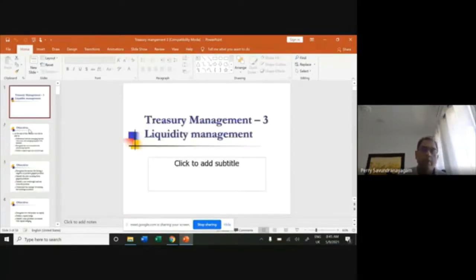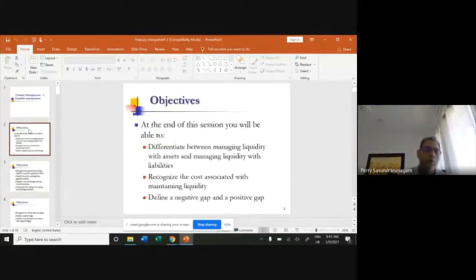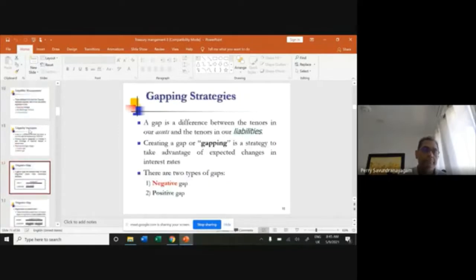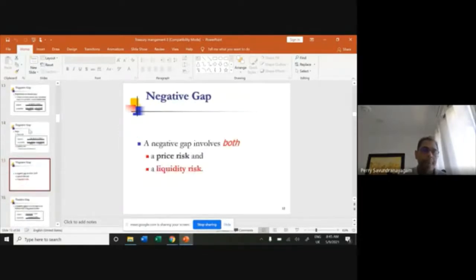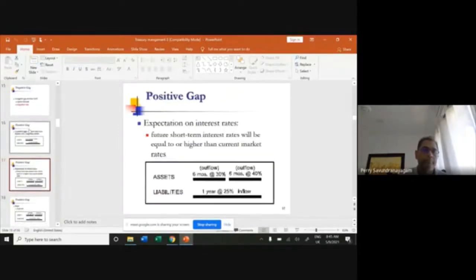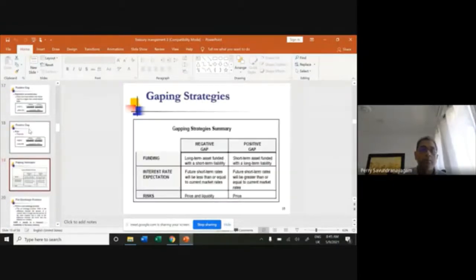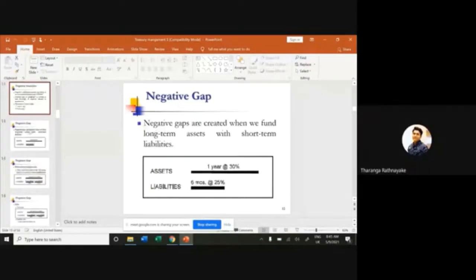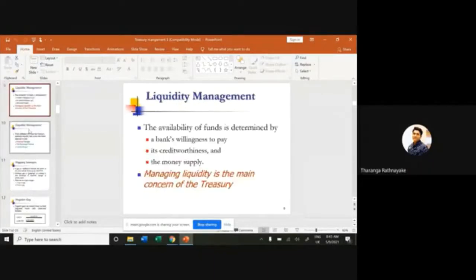So just to get going with this, before I move on, I just want to ask a simple question. What is a gap? Gap is the difference between maturities of current assets and current liabilities.